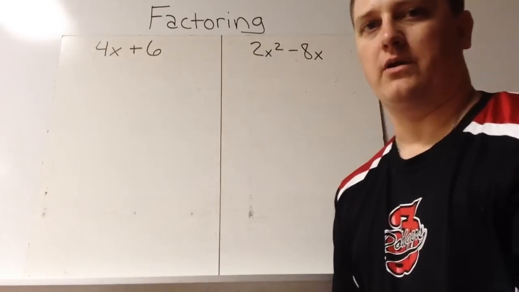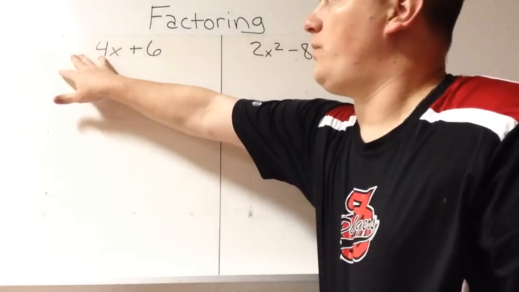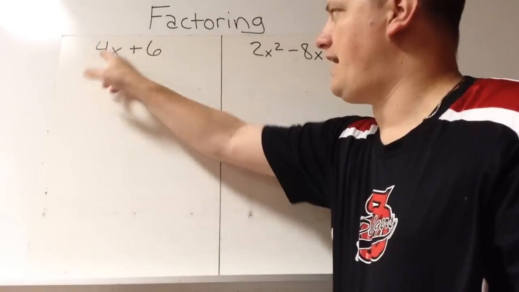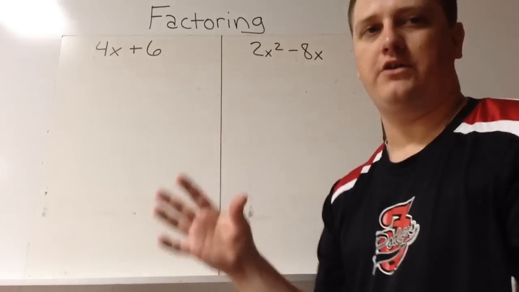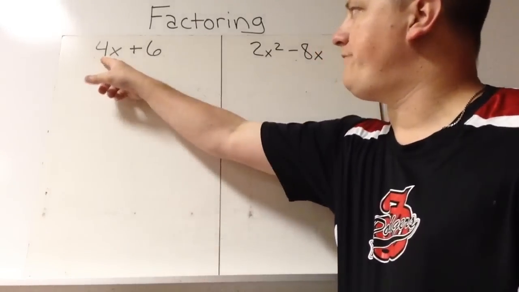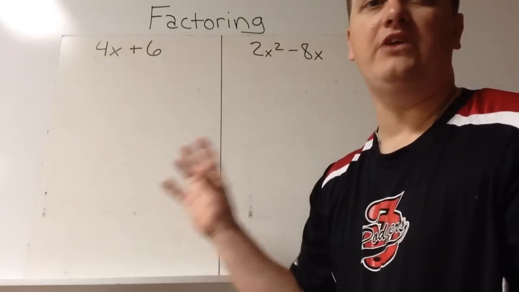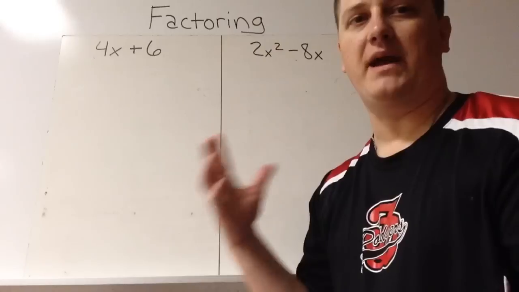So the first thing we're going to start with is basically the undistributing part. If you don't have the x squared stuff in front and you just have the x and nothing, what we can easily do is undistribute something that is already in the problem. So we have 4x and 6. Both of these share the ability to be divided by 2.